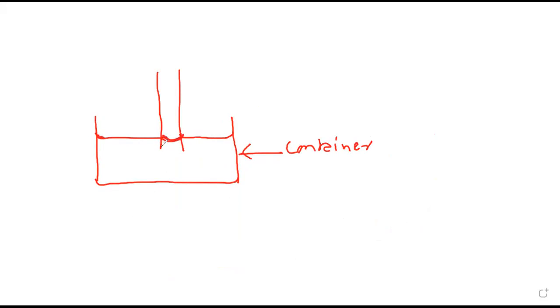Inside this thin tube, curvature will be visible. If it is wide, then at the edges it is creeping. Here it is smooth, so we cannot make out that much. But if it is thin, it will look clearly like this.